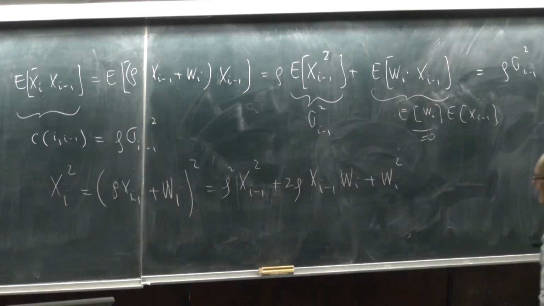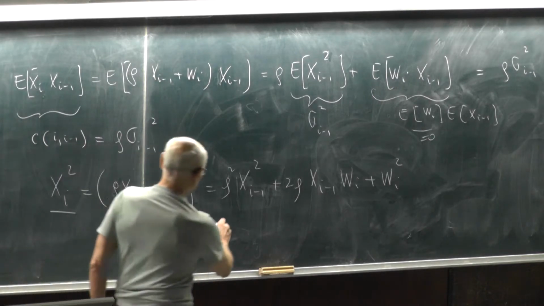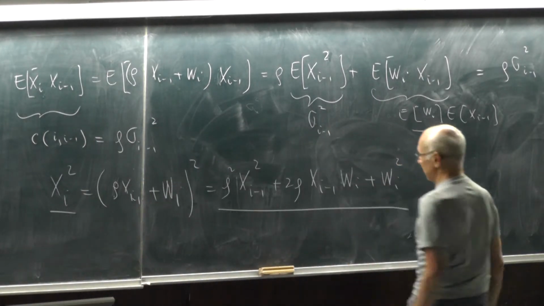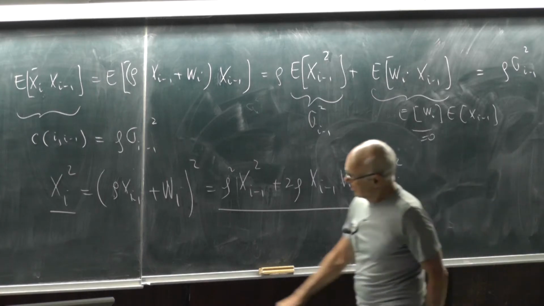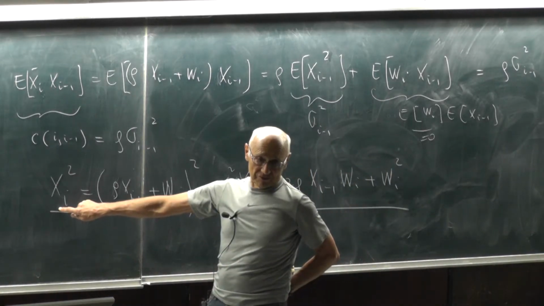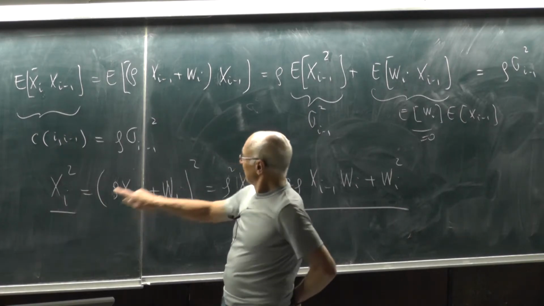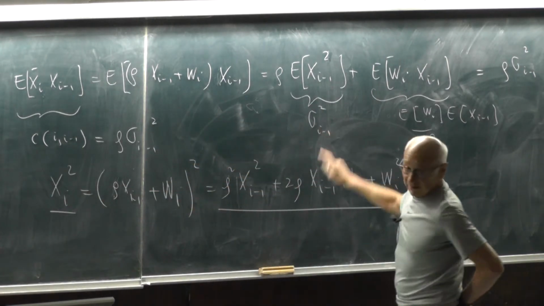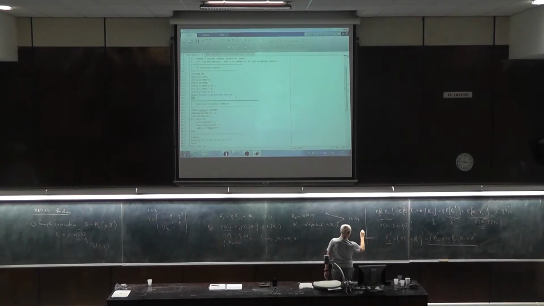Okay? So let's look at both sides of the equation and write down what that means after I apply the expectation. The expectation of this is, according to our notation, how should I call it? We call this sigma_i squared. So we apply the expectation operator.